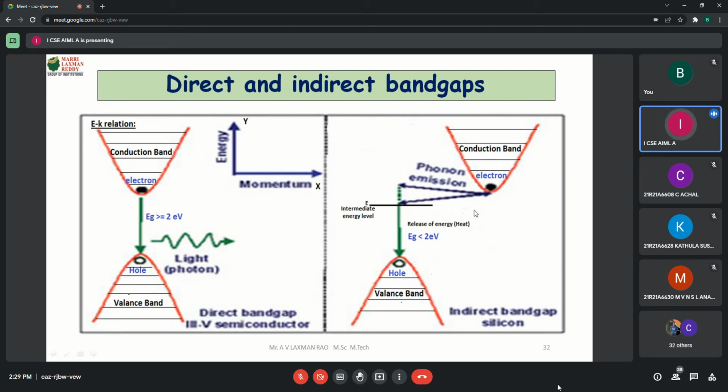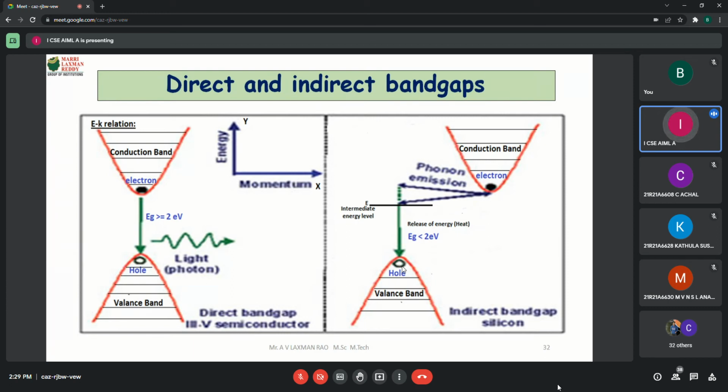Conduction band is here, where one free electron is there, and its momentum value, the x-axis value, is higher than the momentum of the hole located in the valence band. The momentum of the electron and hole are not matching here; they are mismatched.